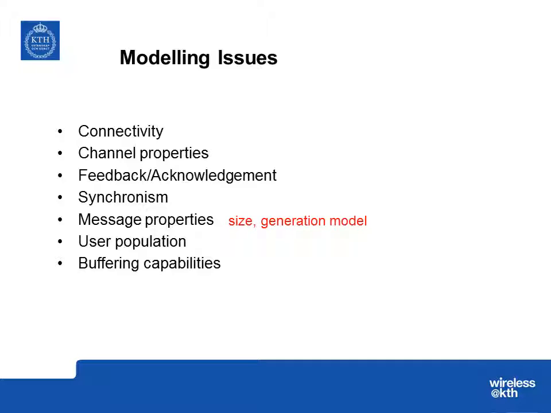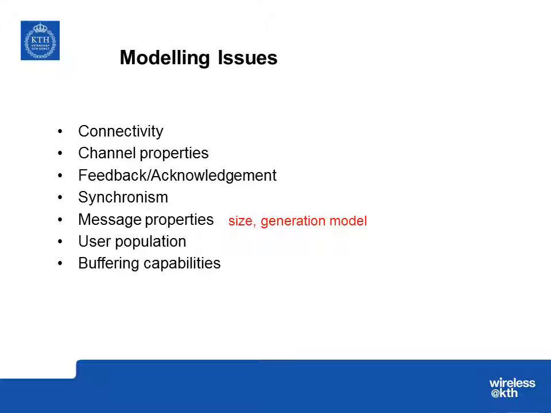Message properties can vary. We already discussed message sizes and the generation model. When nothing else is stated, we assume that messages are generated according to a memoryless Poisson model, not because that model is extremely realistic for data traffic, but because it is easy to analyze and to model.